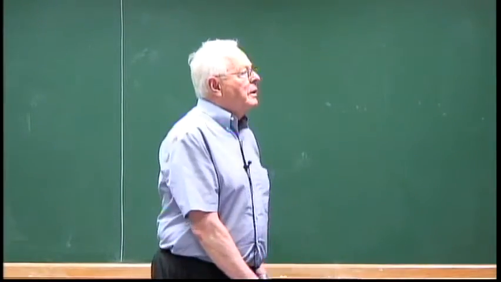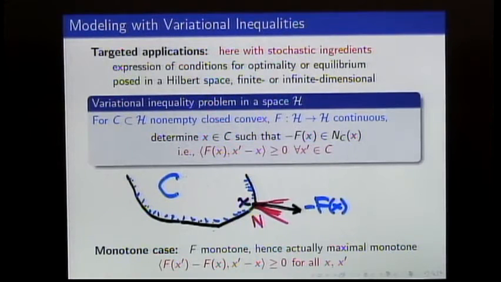So I begin again by reminding you what a variational inequality is. And of course, here we're going to be interested in variational inequalities that have stochastic ingredients in some sense. And I have to explain what that will mean. But the typical applications of variational inequalities are conditions for optimality or equilibrium.